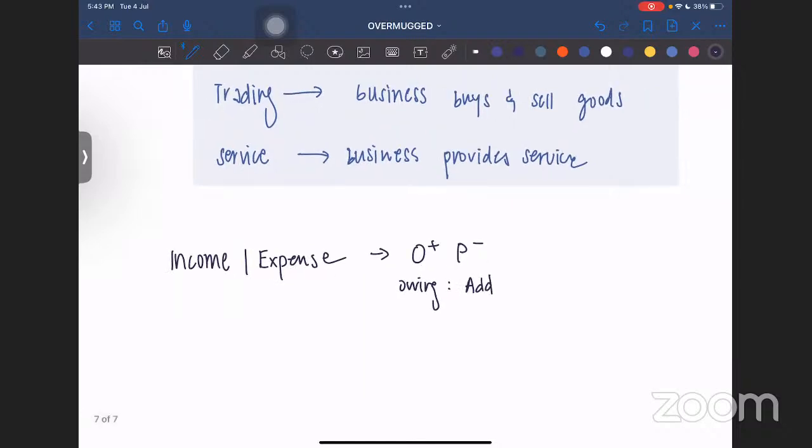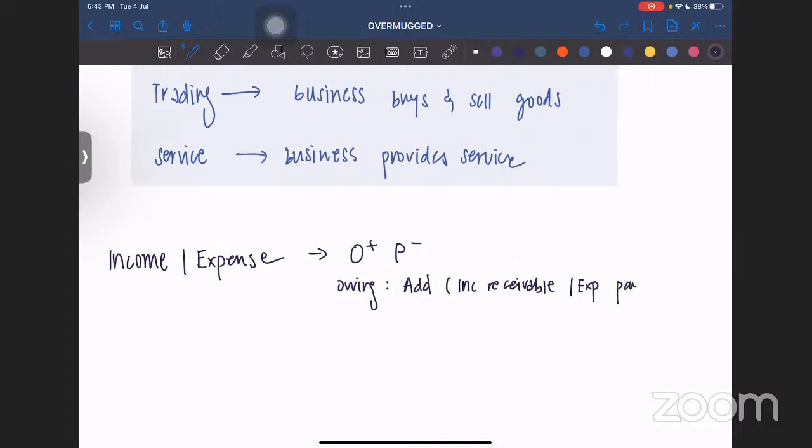Okay, so for income that is owing, it will be an income receivable. Expense that is owing, it will be an expense payable. Okay, then prepaid, it will be less. I will minus it.